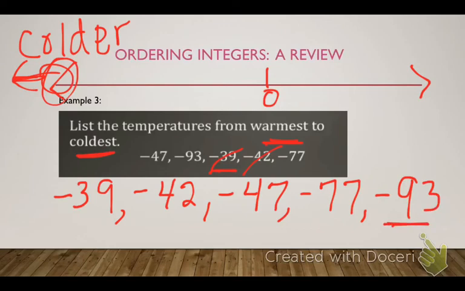And if I ever lived in a place that was -93, it would be so cold that we would probably be in the Antarctica, down in the very southern part of the Earth, where the temperatures sometimes do get that cold. Like everything would be frozen solid. All right.